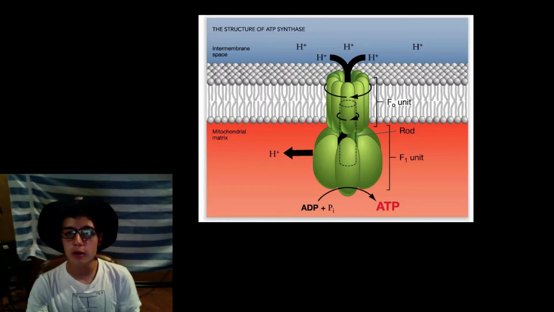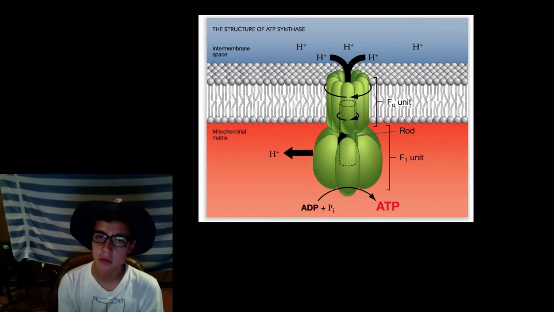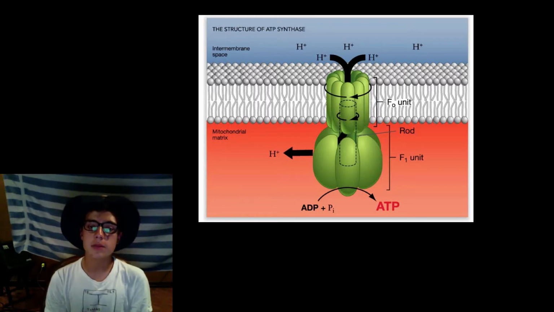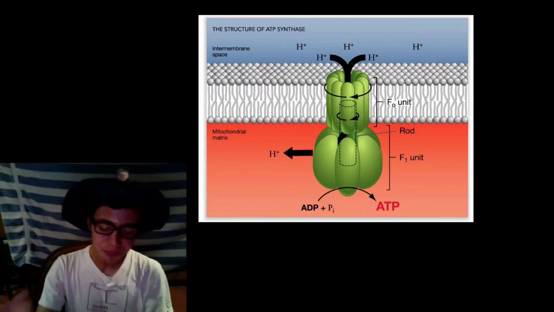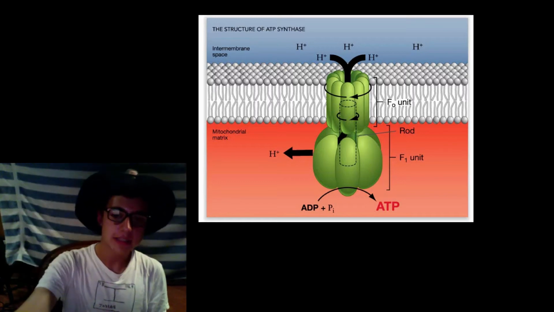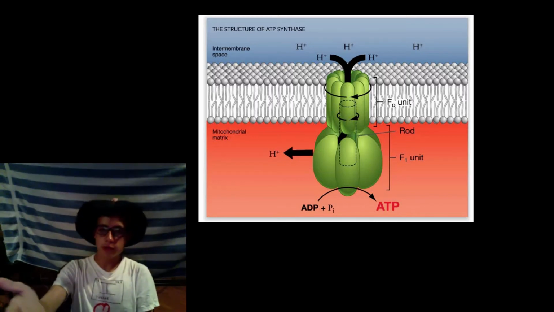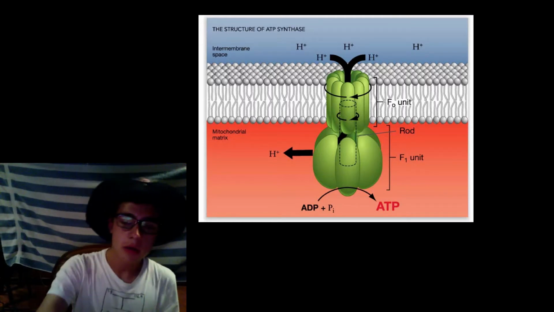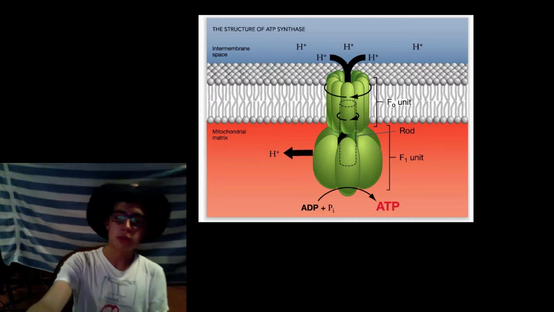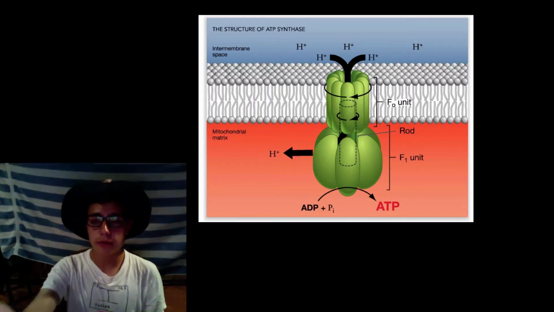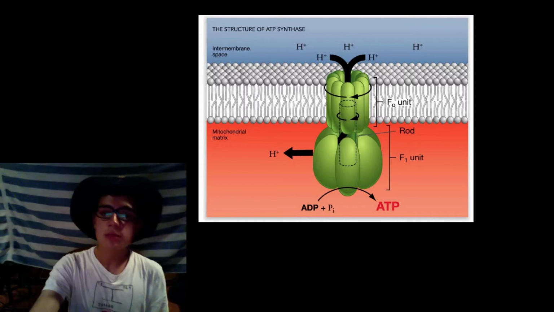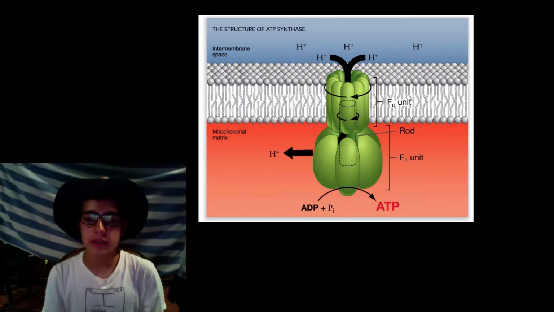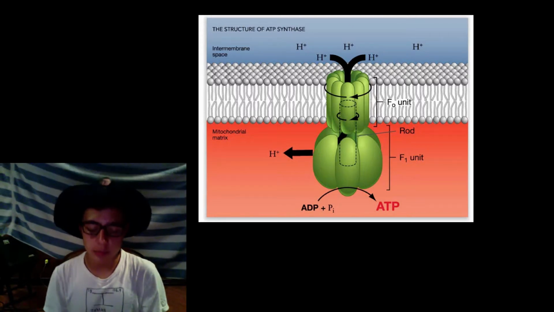Now, this movement of protons through the ATP synthase channel provides enough energy for the phosphorylation of ADP into ATP, which is where, as I said, the protons are only able to diffuse through the ATP synthase channel, and thus the energy provided from this movement of protons allows the ADP to phosphorylate the phosphate and create ATP.